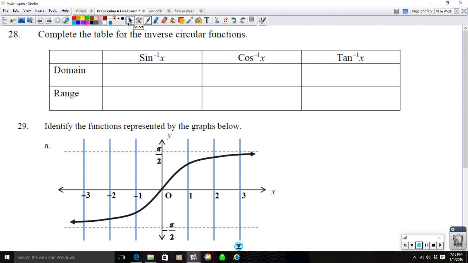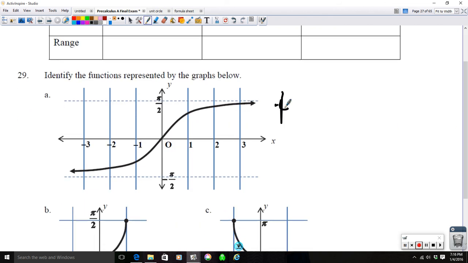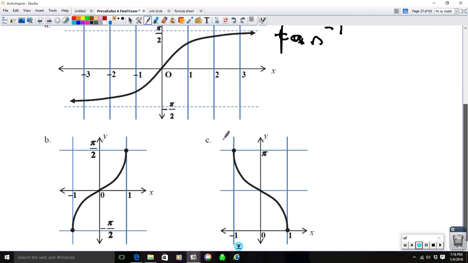Okay, 28. What you need to look at is 28 and 29 here together. I know this problem is going to be tan inverse, because inverse tan exists between negative pi over 2 and pi over 2. I know this problem, again between negative pi over 2 and pi over 2, is going to be sine inverse.